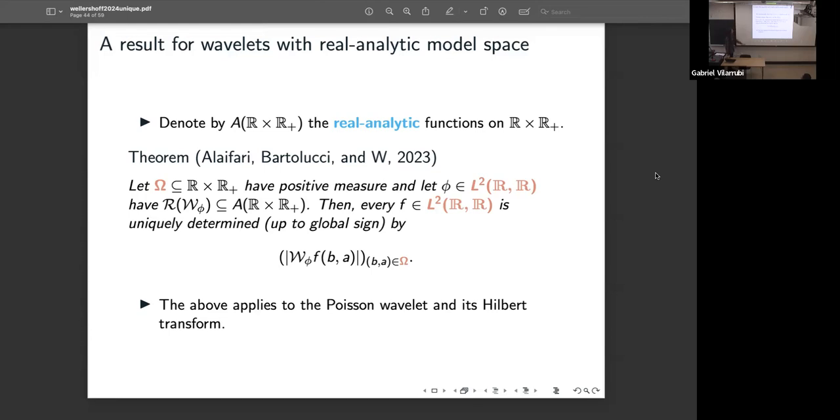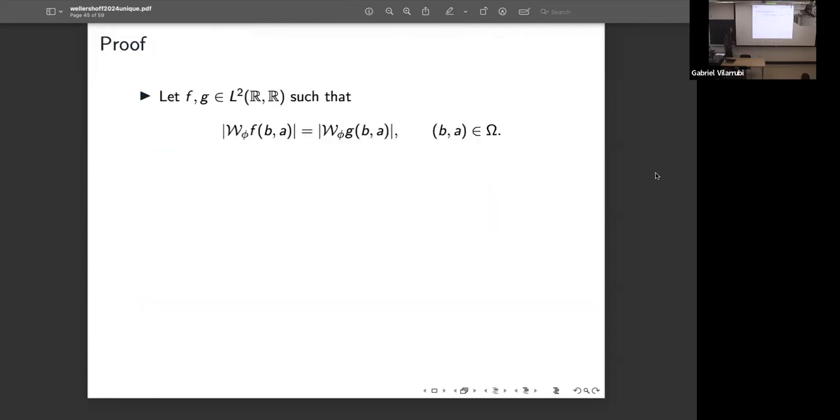So before I do that, the remark here is that of course this applies to the Poisson and the Hilbert of the Poisson. Okay, so now let me show you the proof. I think it's enjoyable. So suppose that you have two real valued L2 functions such that their magnitudes agree, if the magnitudes of their wavelet transforms agree on omega, then there is the first application, let's say, of the complement property, where you say, okay, so I'll define a set S. That set will be the set on which the wavelet transform of F and the wavelet transform of G agree.